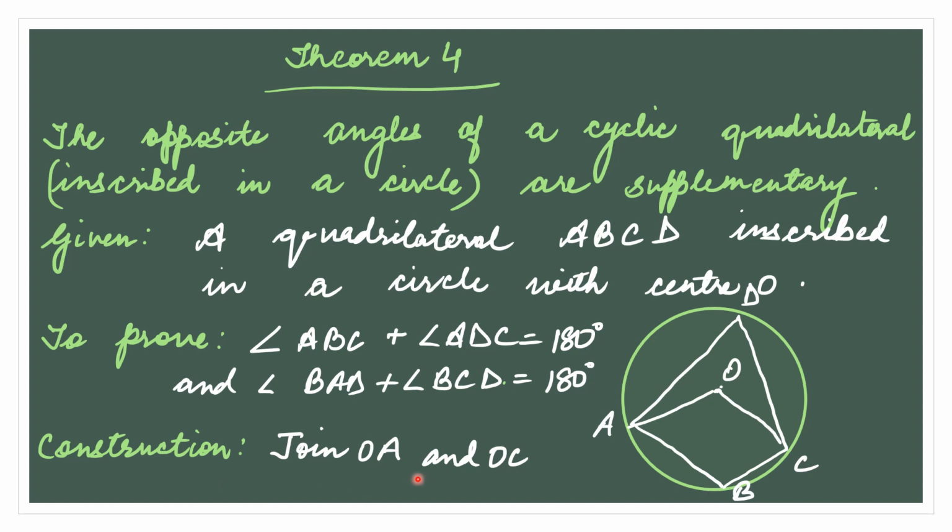Construction: join OA and OC. This is the circle center, you just have to join OA and OC. Now see here, children, angle AOC and angle ADC, are they not formed by the same arc?